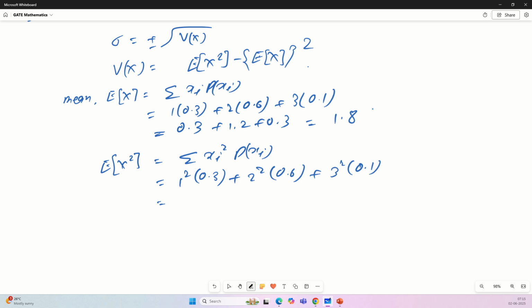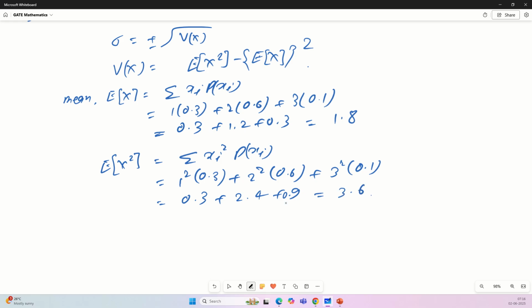That is 0.3 plus 2.4 plus, wait a moment, 3 square is 9 into 0.1, which gives 0.9. So 0.9 plus 2.4 plus 0.3 is 3.6.